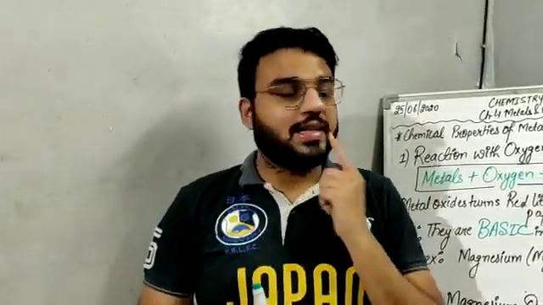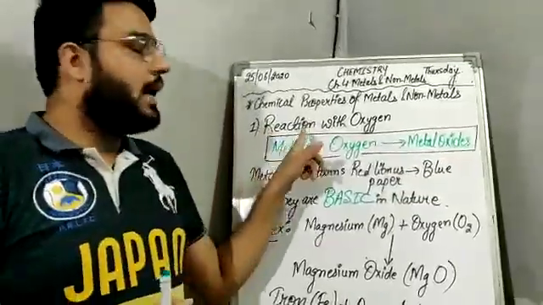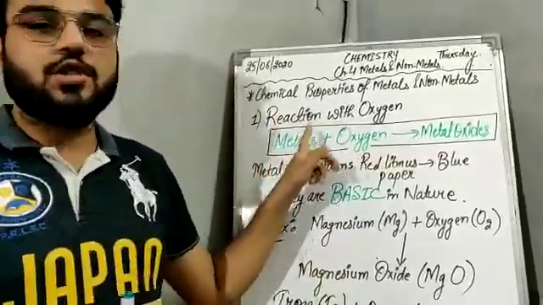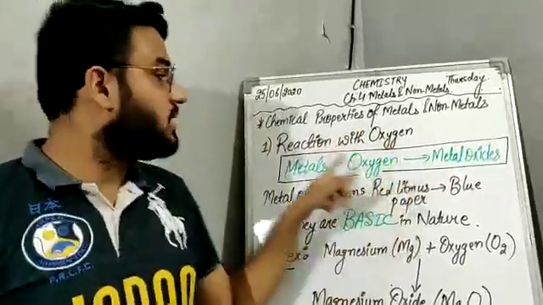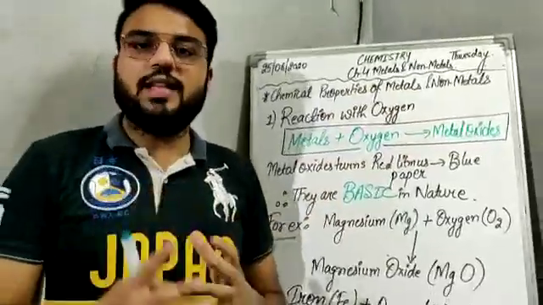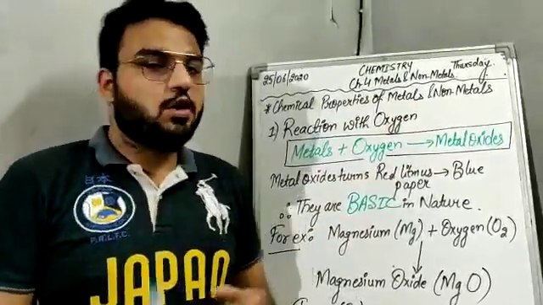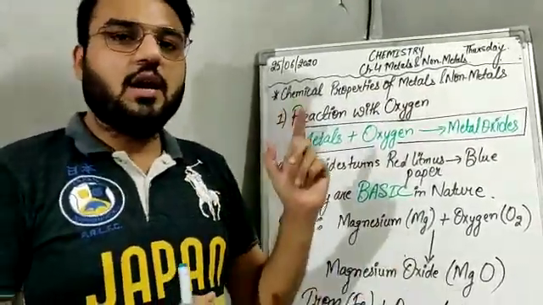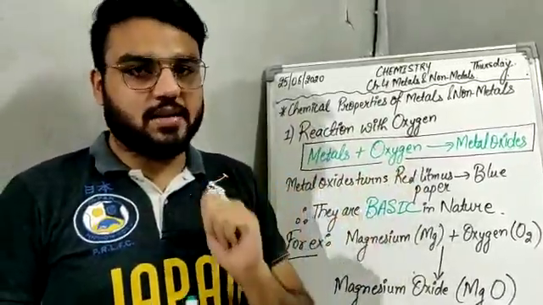So now let's start with the first chemical property, that is the reaction of metals and non-metals with oxygen. What happens when they react with oxygen? First of all, we'll take the case of metals.